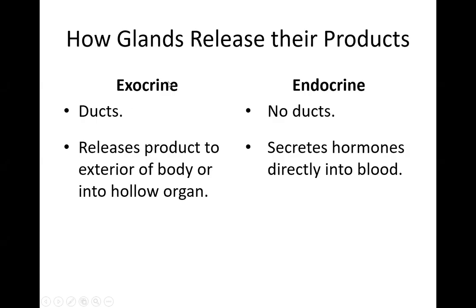Exocrine glands secrete their content into a duct, while endocrine glands secrete their content into the bloodstream. For example, insulin and glucagon are secreted into the blood without a duct by the pancreas. That's why we call the pancreas a two-in-one. The pancreas is an exocrine and endocrine organ.